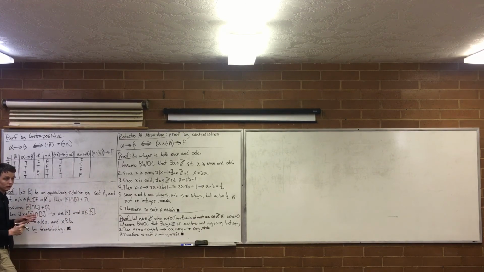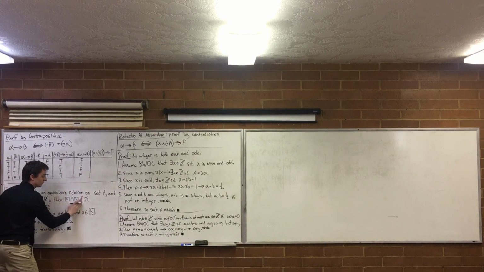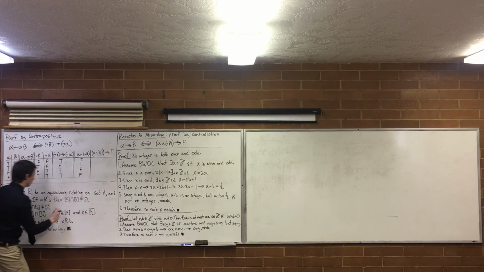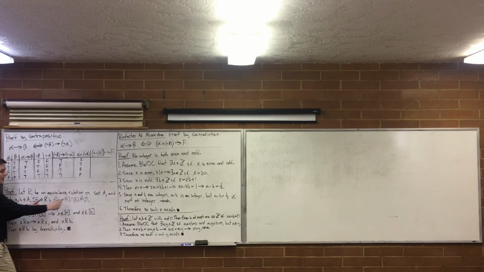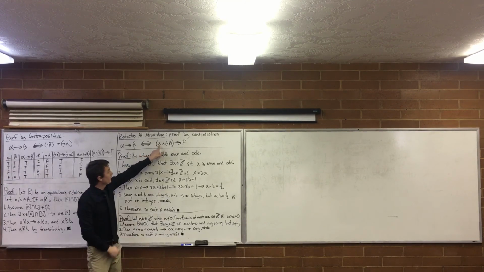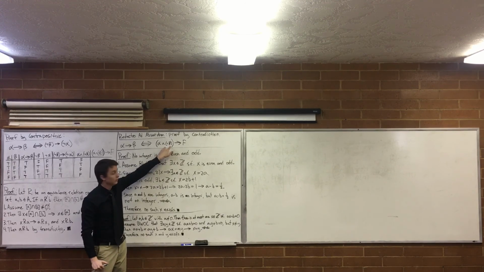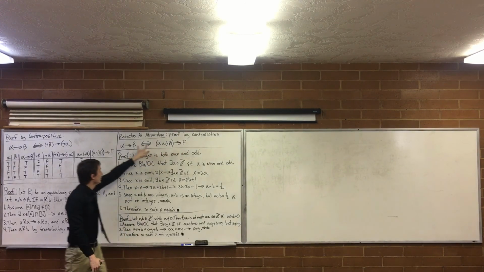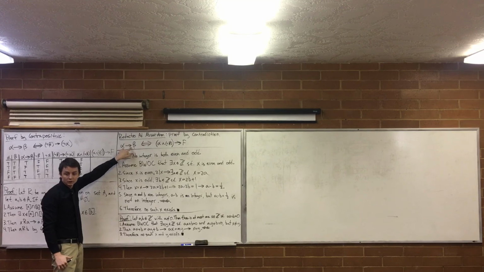It's impossible for us to have alpha and not beta. So that implies something that's false, something impossible, something absurd. So alpha and not beta implies false is the same thing as alpha implies beta.